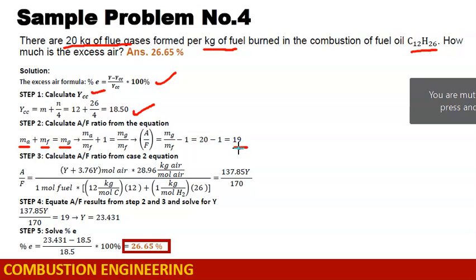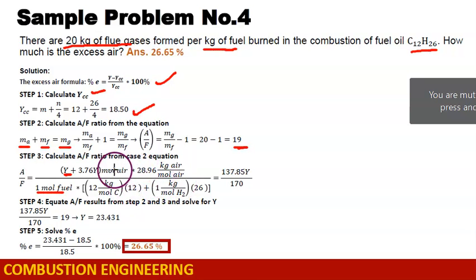Then, using another equation in terms of the air-fuel ratio to solve for y, we know that the air-fuel ratio can also be written in this format. We know that y is the number of moles of oxygen, so y plus 3.76y, which is the moles of nitrogen, times the molar mass, divided by 1 mole of fuel times the molar mass of the fuel.